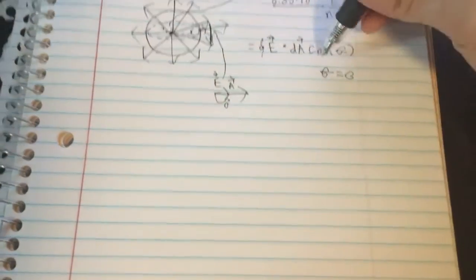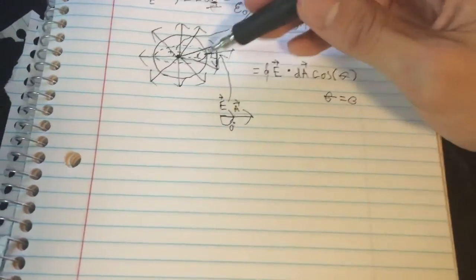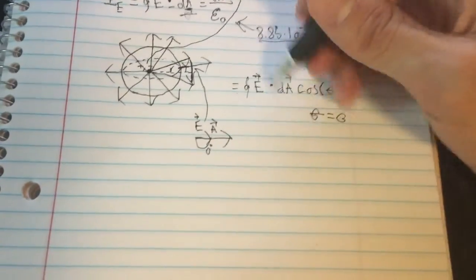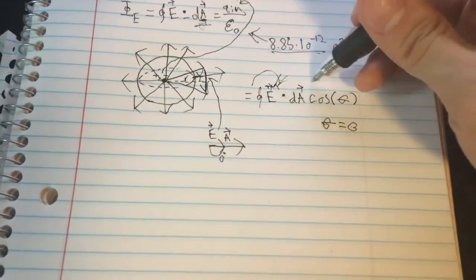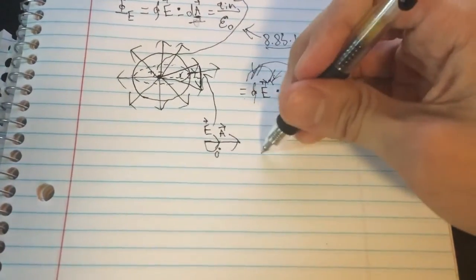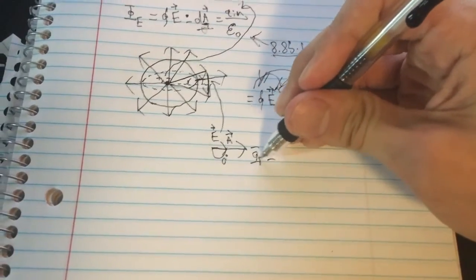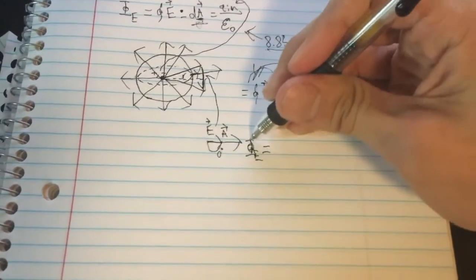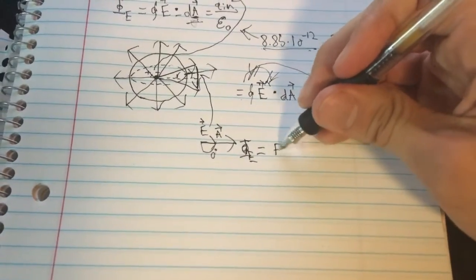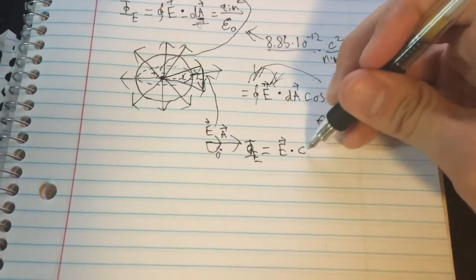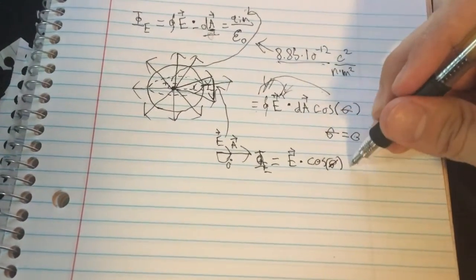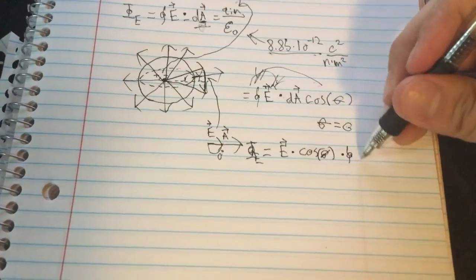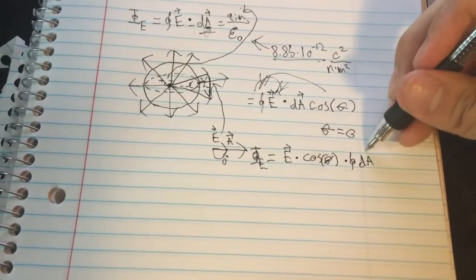So that means the cosine here, since our angle isn't changing between the two at any point, and we assume that the charge inside is not changing, we can pull both of those outside of the integral. So we get that our electric flux is equal to E times cosine of 0 times the closed integral of dA.